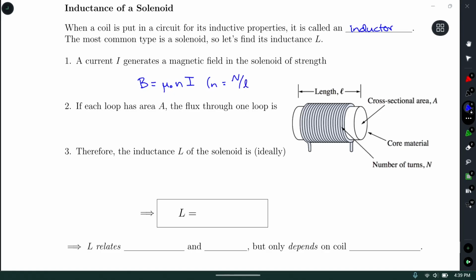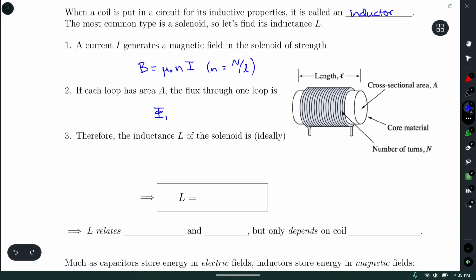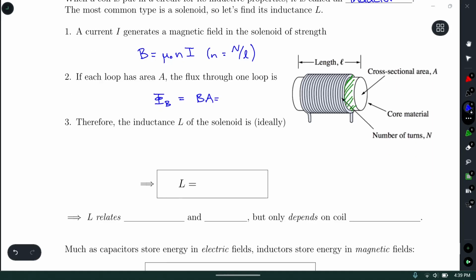And since we're using capital L for inductance now, we'll use this cursive l for length. So we can find the flux through that solenoid as a result of that magnetic field. It will be the strength of the field times its cross-sectional area.